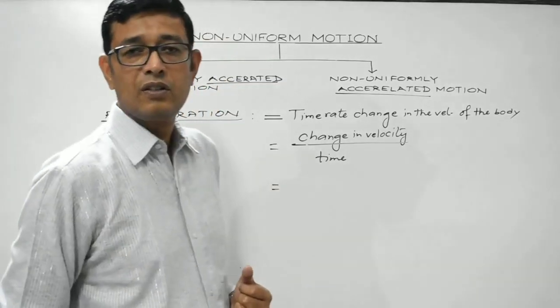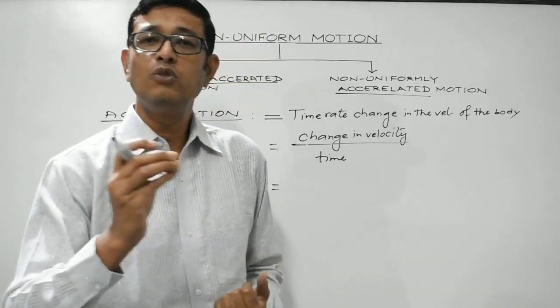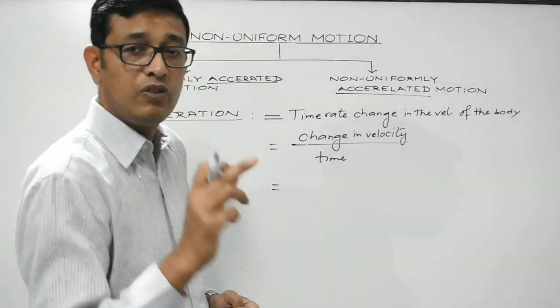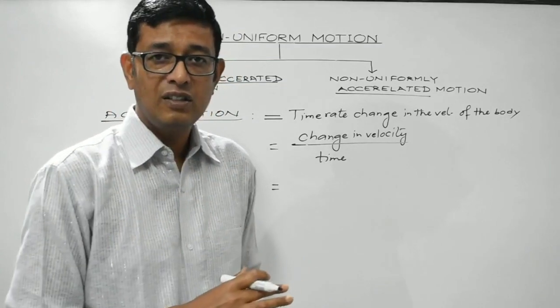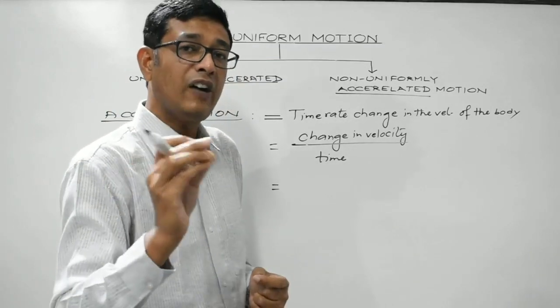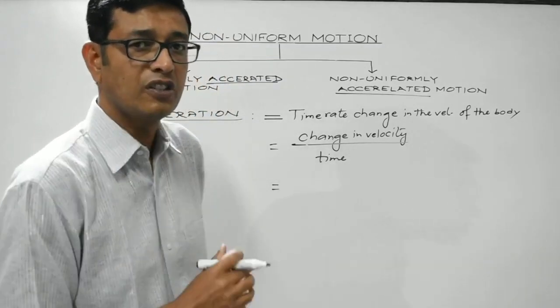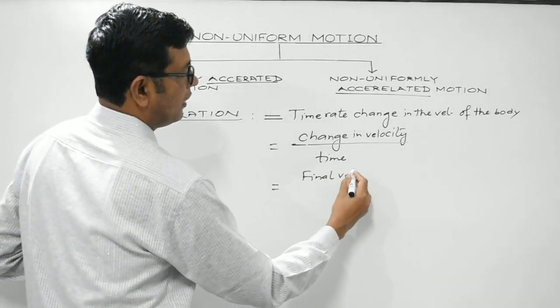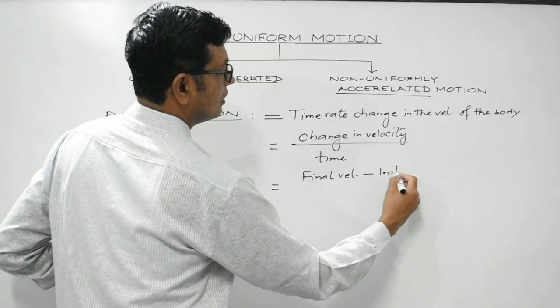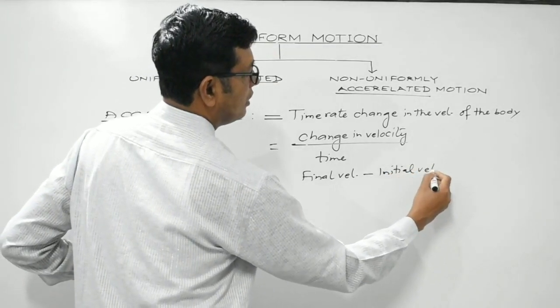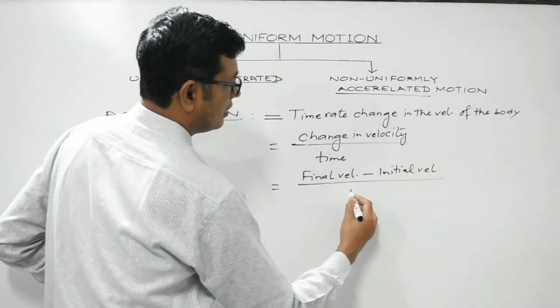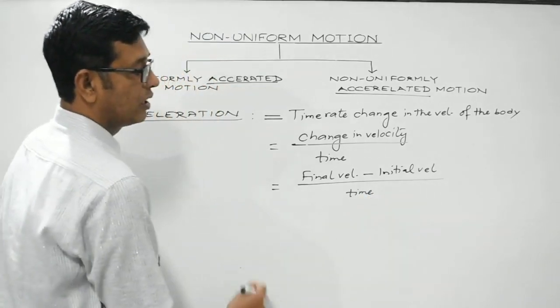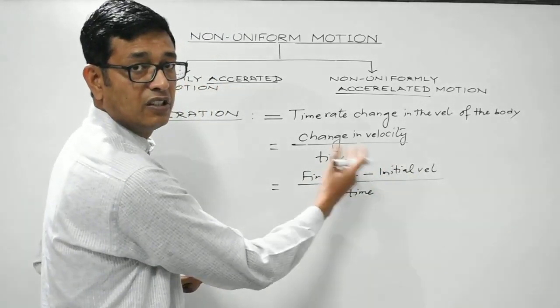So throughout mechanics, we will be using some notations. U will be the initial velocity, V will be assumed to be the final velocity. So these are the notations I will be using. So change in velocity would be final velocity minus initial velocity divided by the time taken during which the body has changed its velocity from initial value to final value.